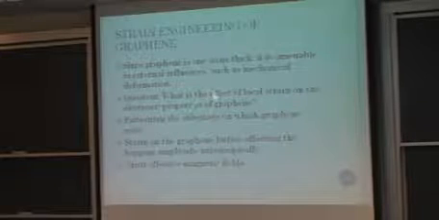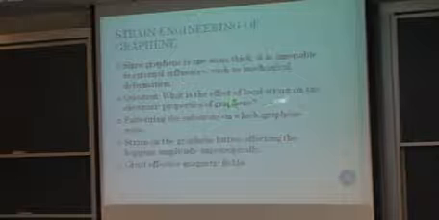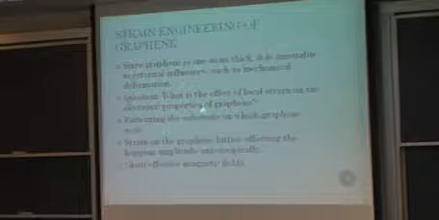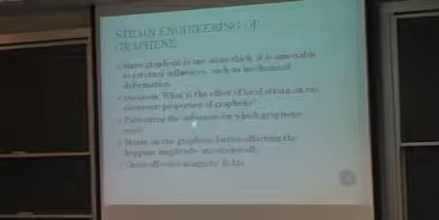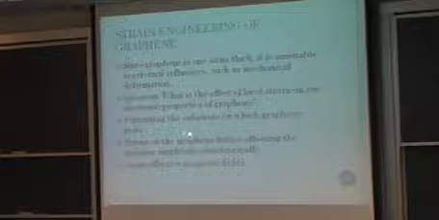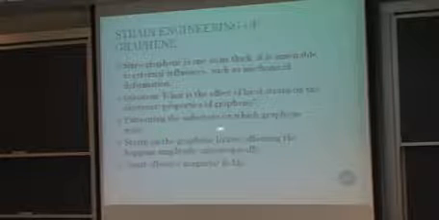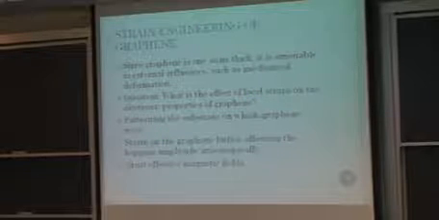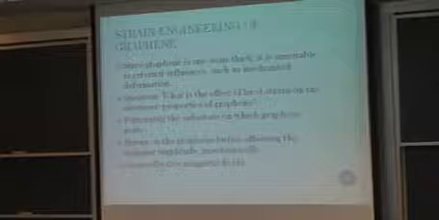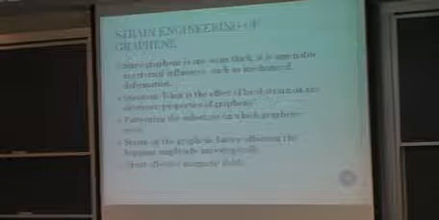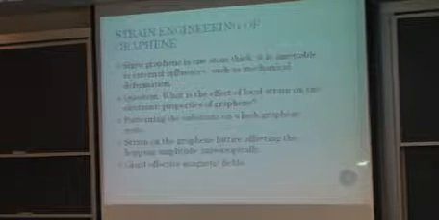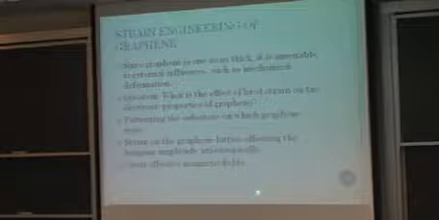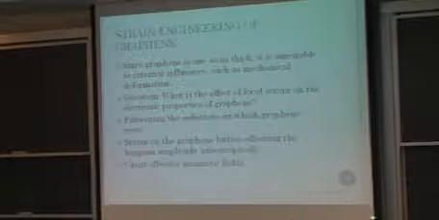So the question is, what is the effect of local strain on the electronic properties? There are several proposals regarding it, that perhaps one can apply strain on graphene by changing or affecting the substrate. Because graphene to some extent interacts with the substrate, it can lead to strain on the graphene sheet.